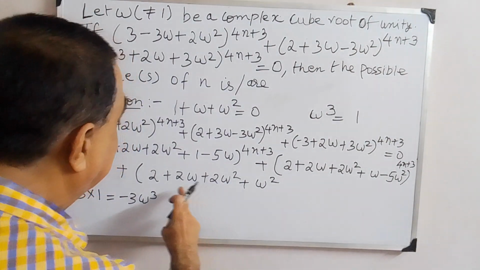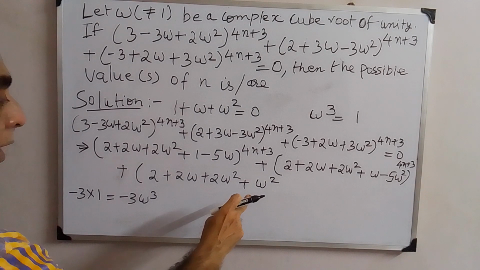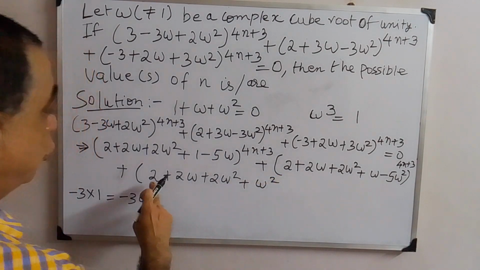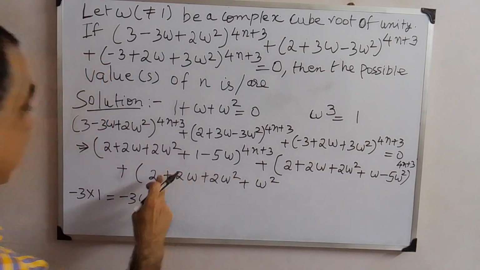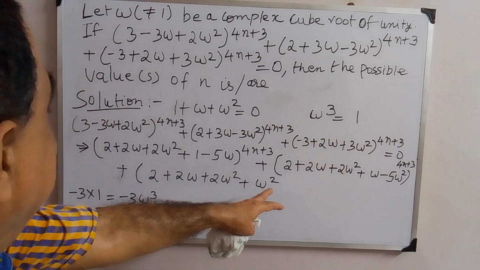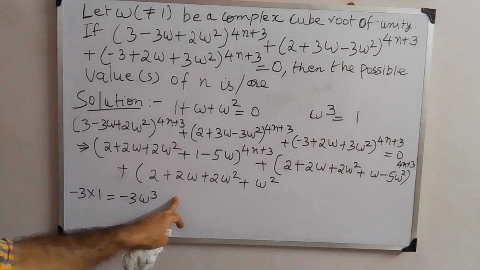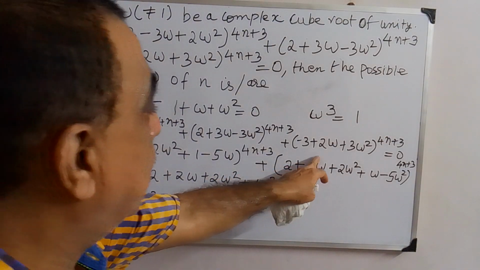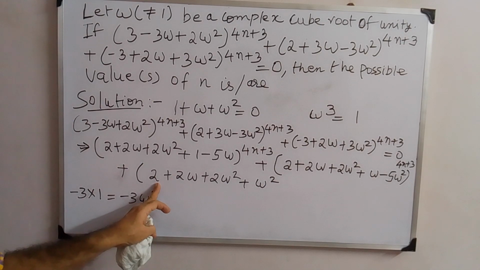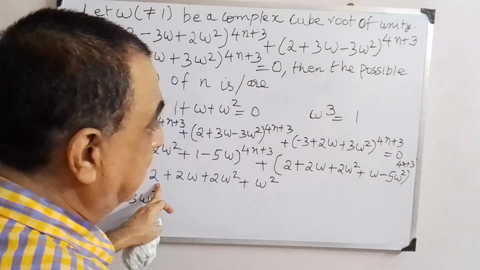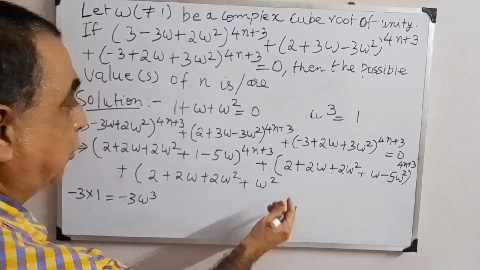So here I have written plus 2. Sorry, in the problem here it is minus 3, so I have written plus 2; that means I have to add minus 5.